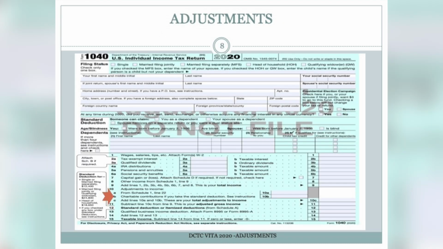Line 10b references the cash charitable contribution up to $300 that was input into TaxSlayer. This cash contribution can only be used if the taxpayer uses the standard deduction instead of itemizing their deductions.